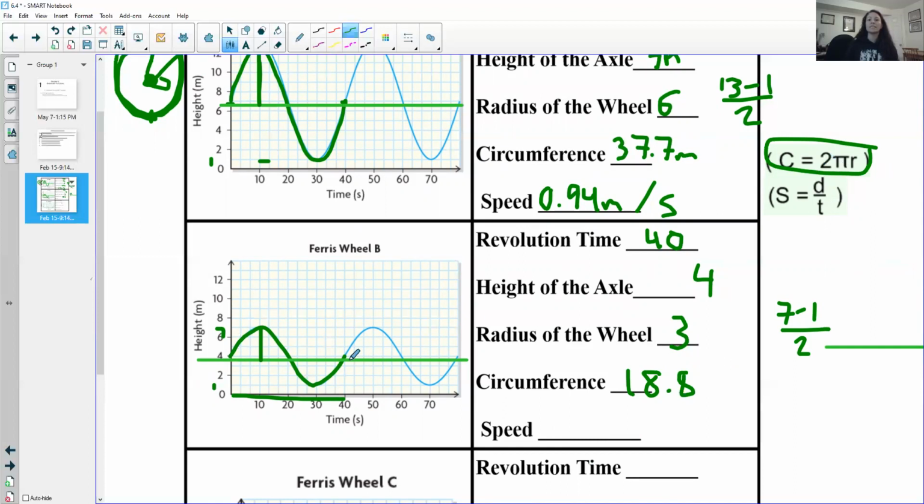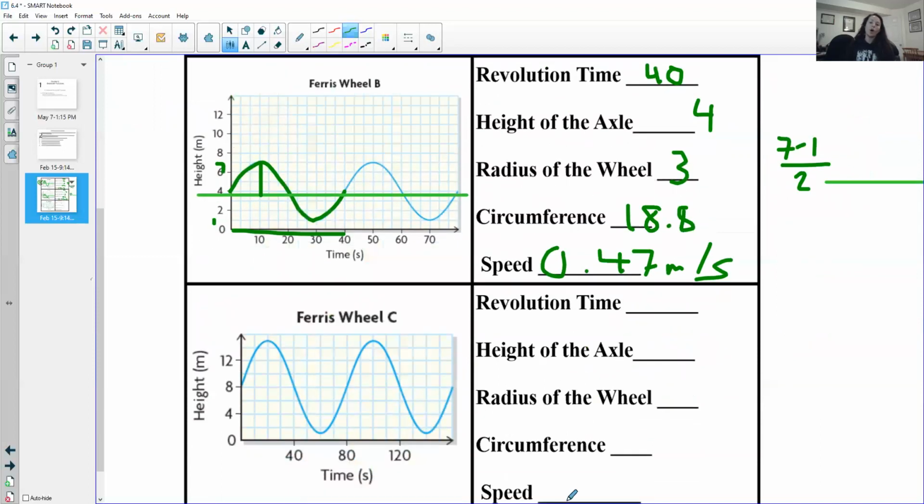The distance of a cycle, which is the circumference, divided by the time it took to get there, the revolution. So 18.8 divided by 40, you should get around 0.47 meters per second. So this Ferris wheel is traveling almost half the speed of the one up at the top. Okay, you can complete the bottom one on your own.